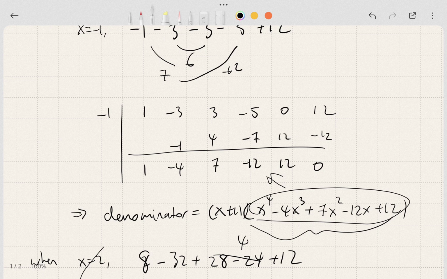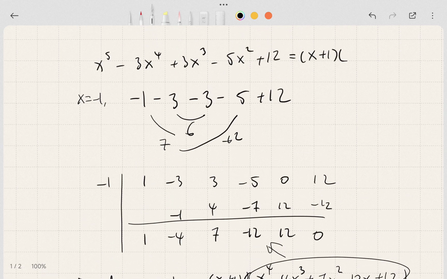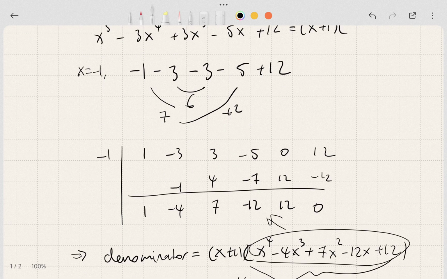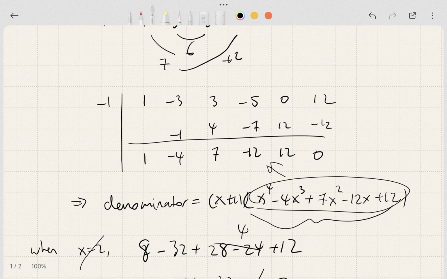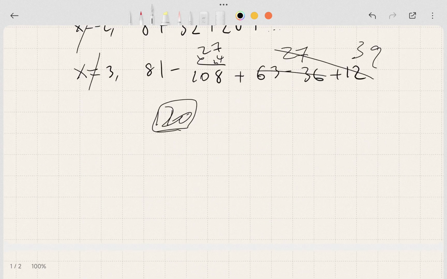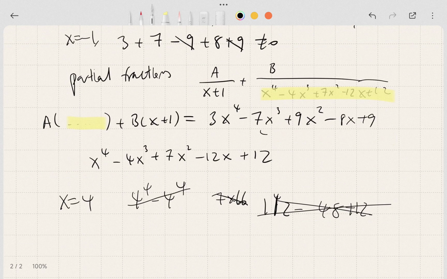So we're able to get down to x to the power 4. That's all we can do at the moment.